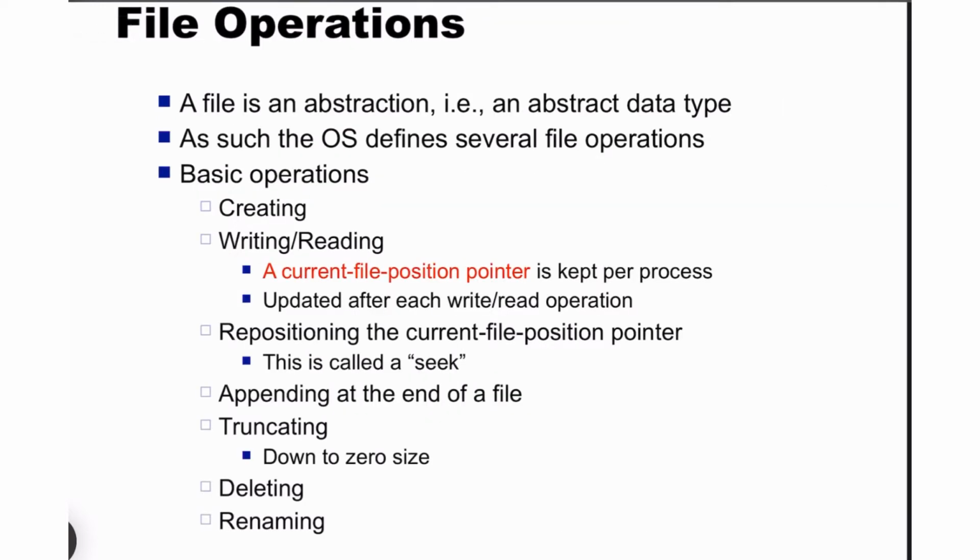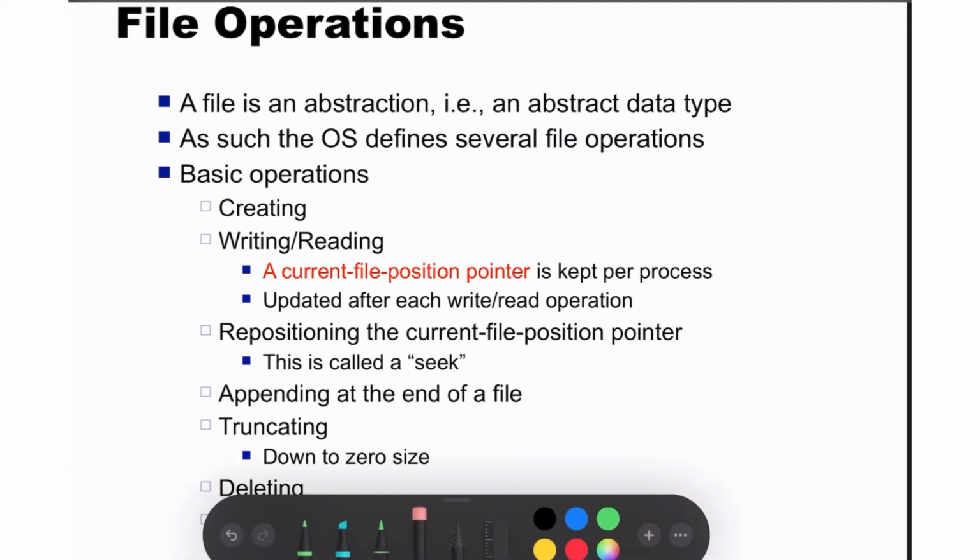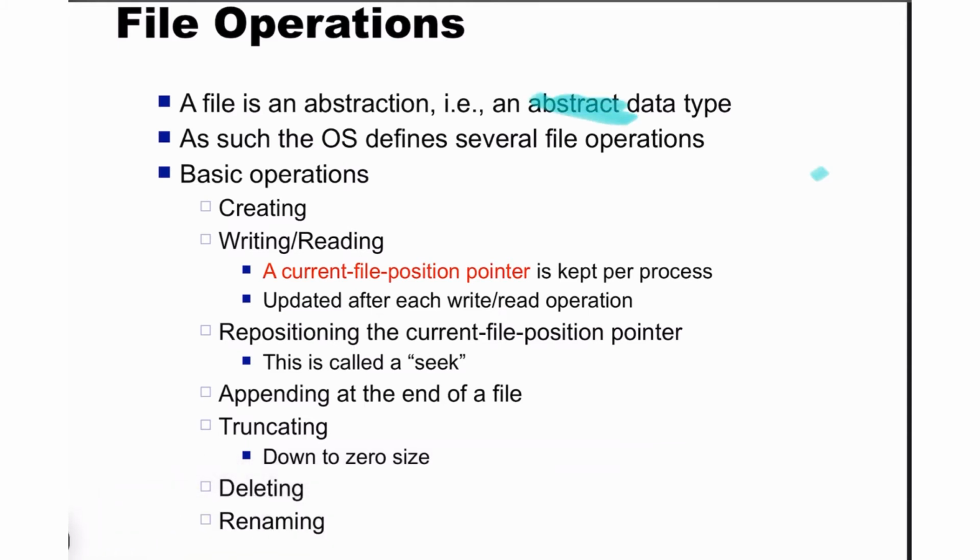Okay, file operations. A file is an abstraction, right? It's an abstract data type. When we say abstract, it can mean a lot of things. As such, the OS defines several basic file operations.